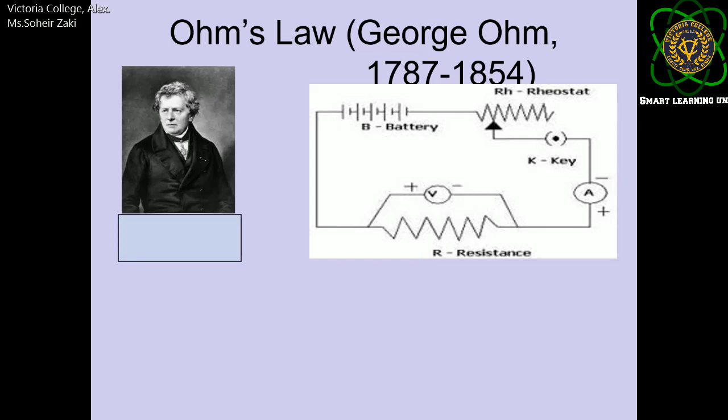Then he changed the position of the slider to change the resistance inside his circuit, and took once more the values of the potential difference by taking the reading of the voltmeter and the value of the current intensity by taking the reading of the ammeter.